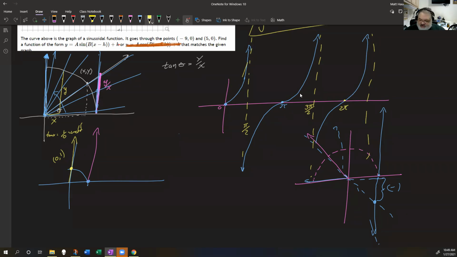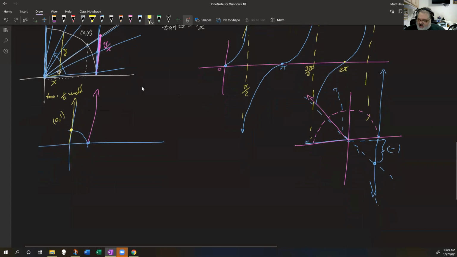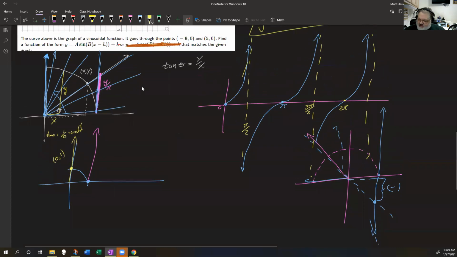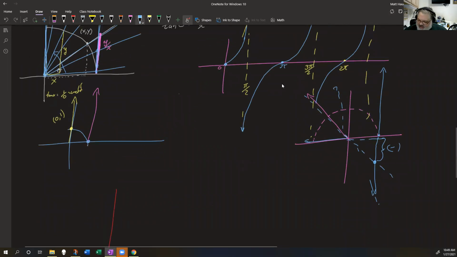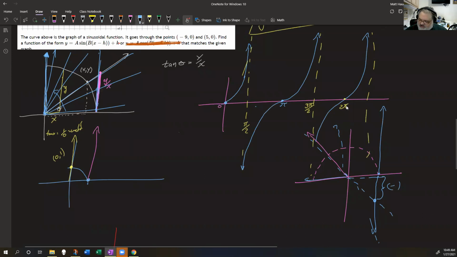Now, some interesting things happen as a consequence of that. When we graph tangent, we often like to graph it instead of thinking about all these broken up pieces.